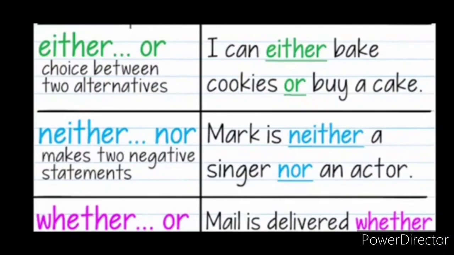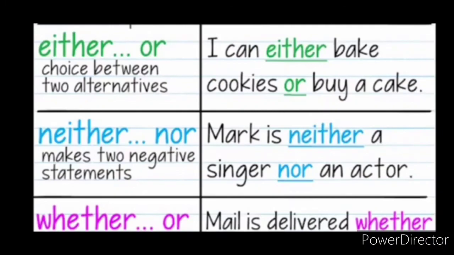So here either or shows the positive things, that I can do either of these things, but here it is negative. I cannot, nor can I, to make two negative statements. So neither nor creates two negative statements.